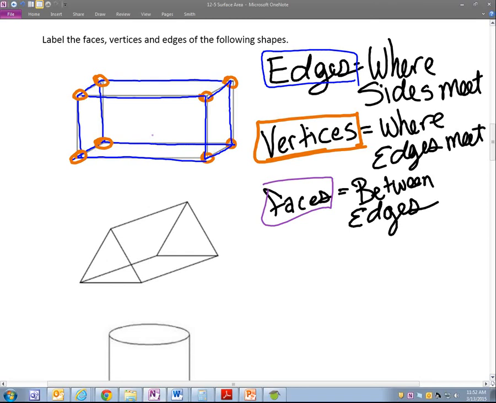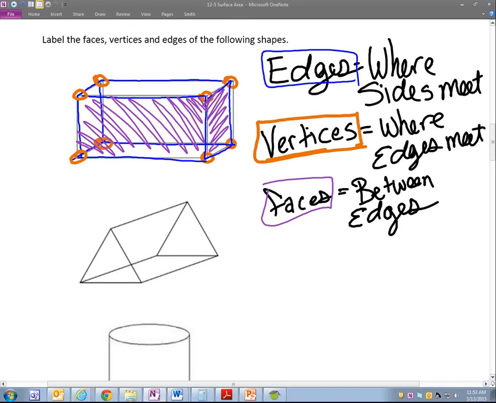So faces, I'm going to do them and then I'm going to erase them. Because here's a face. That'd be a front side. Here's a face. There's a face. Then there's a face underneath here.